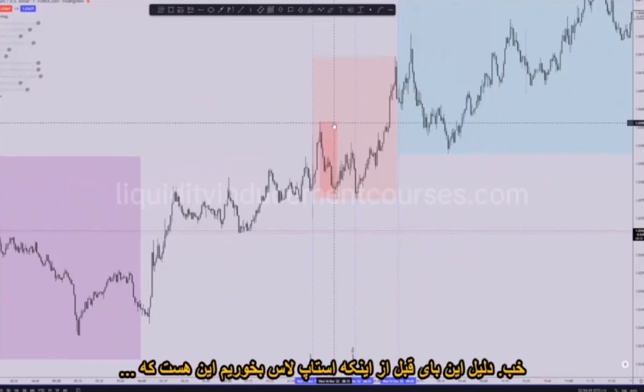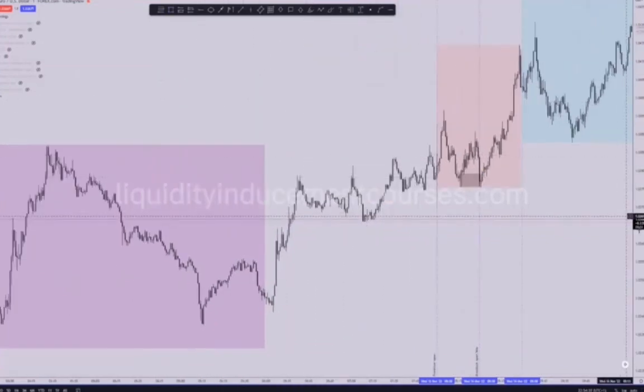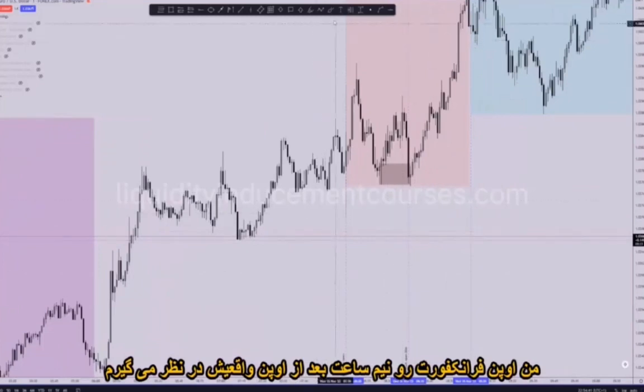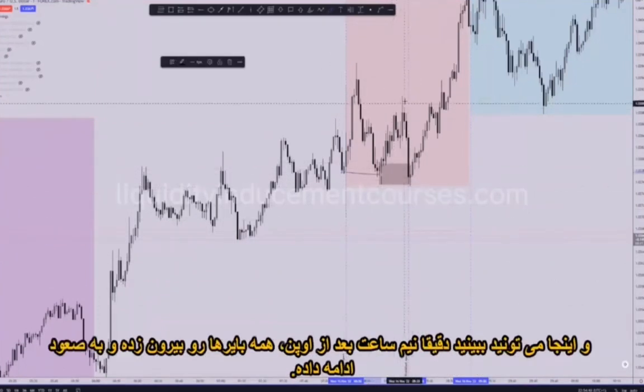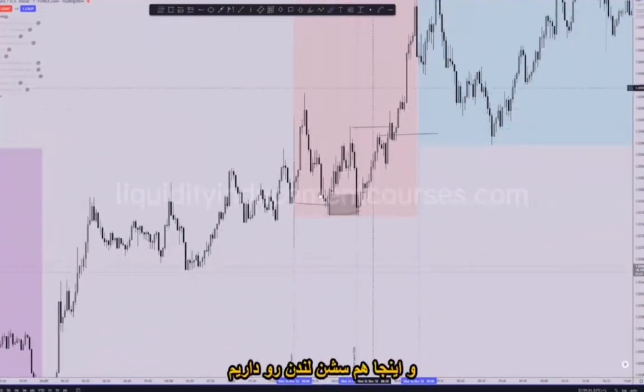The reason why this buy before was hitting stop loss is, again, for me the real Frankfurt Open, as well as all session opens, are 30 minutes after the actual open. You can see here exactly 30 minutes after Frankfurt Open, it took this guy out and continued, and this would be the prime setup for Frankfurt.